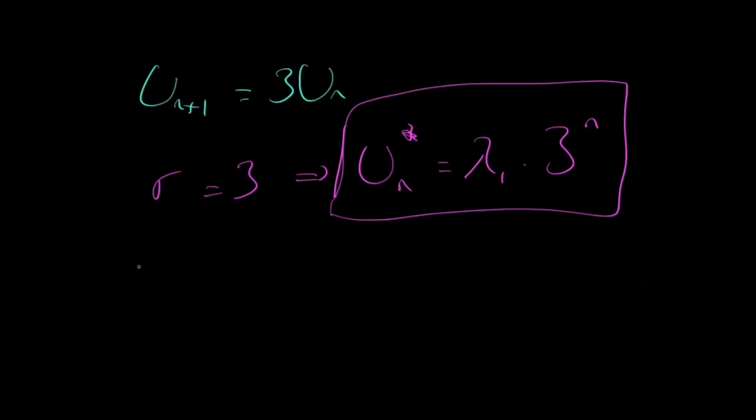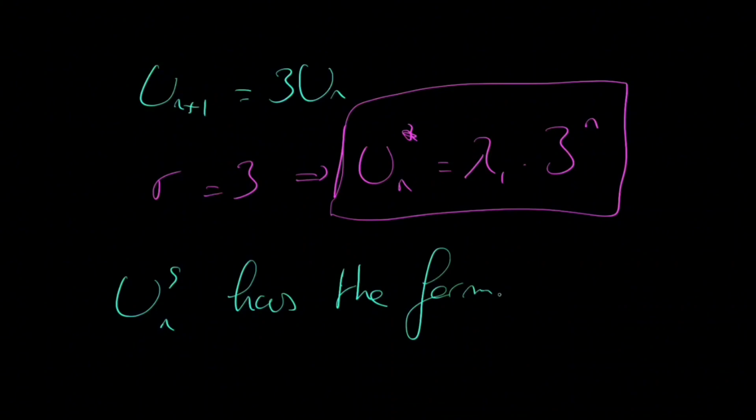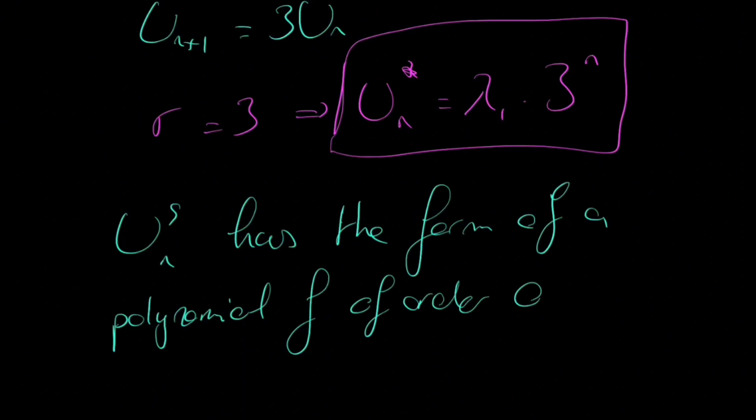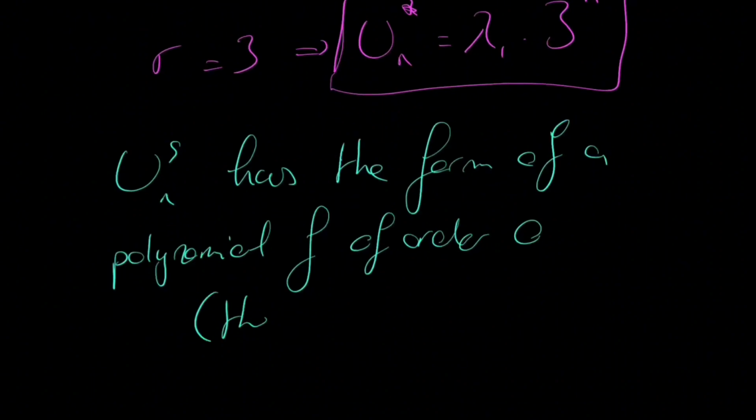So we are looking for u_n singular of the form of a polynomial function of order 0, the same form as 4.